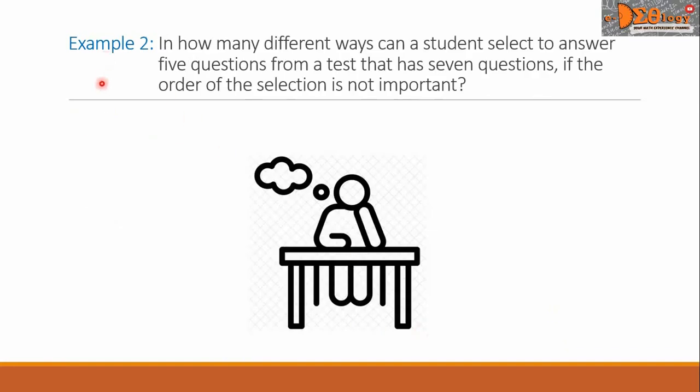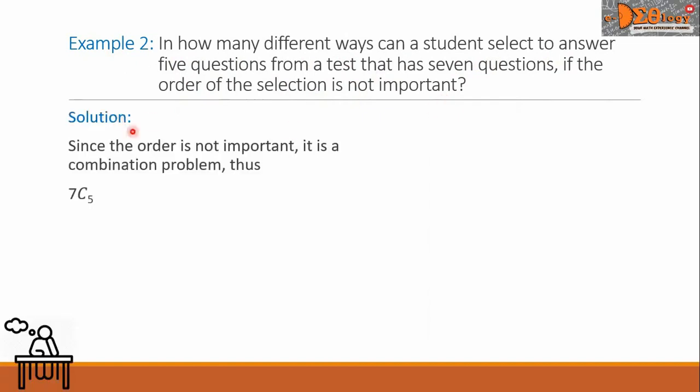example 2. In how many different ways can a student select to answer 5 questions from a test that has 7 questions if the order of the selection is not important? For our solution, since the order is not important, it is a combination problem.